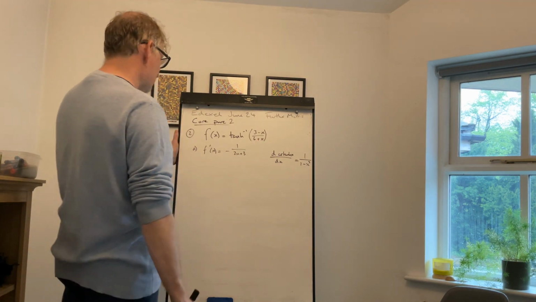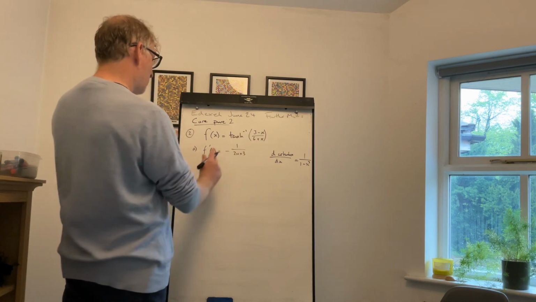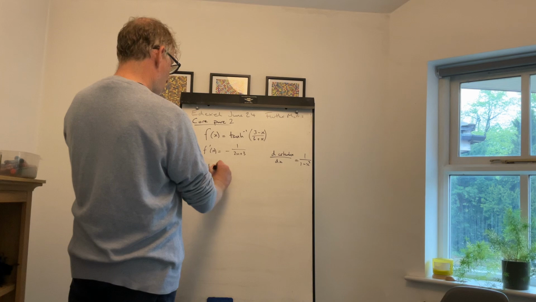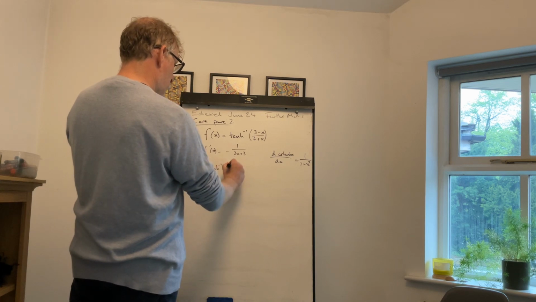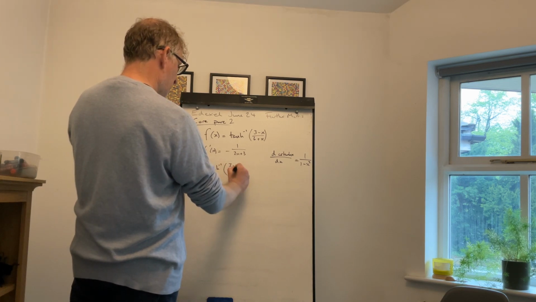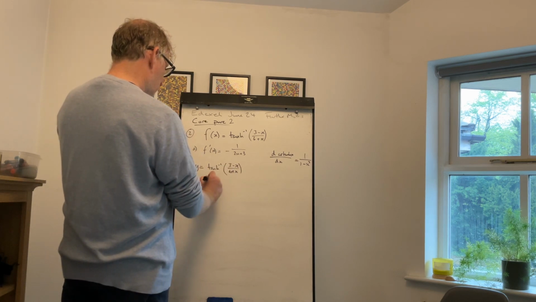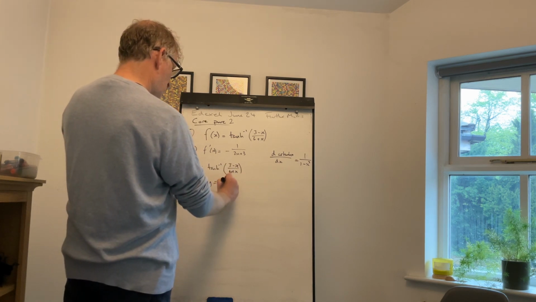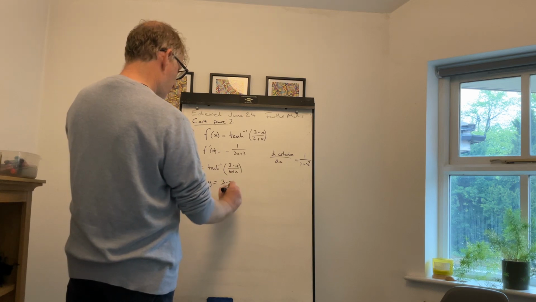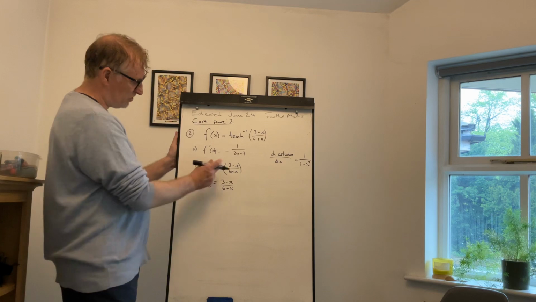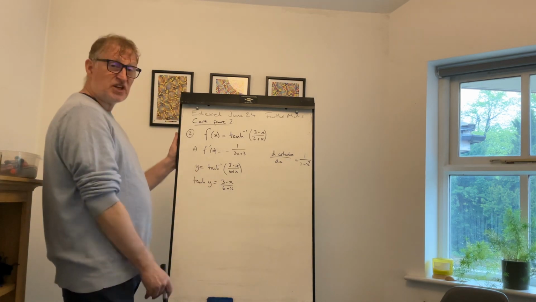Other ways, if you really wanted to: you could start off with y equals tanh to the minus 1 of (3 minus x) over (6 plus x). That means tanh y is (3 minus x) over (6 plus x), and then implicitly differentiate.